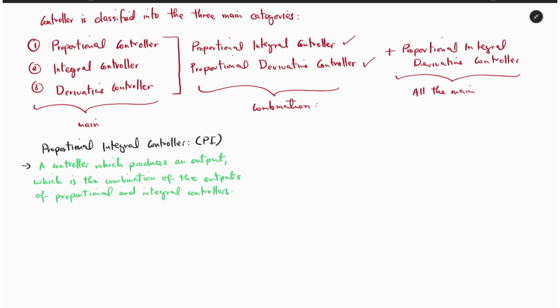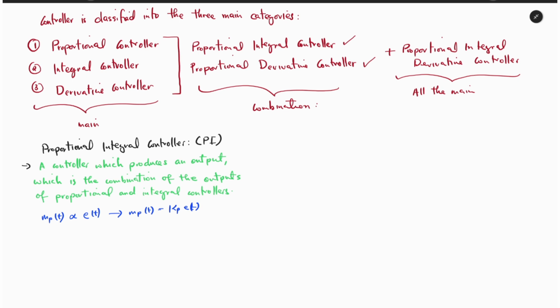We define proportional controller, let's say MPT, which is the output of a proportional controller, such that it is proportional to the error signal ET, which is the input to the controller. And by removing the proportional sign by adding a constant, we have KP ET. And now this is our equation for proportional controller.